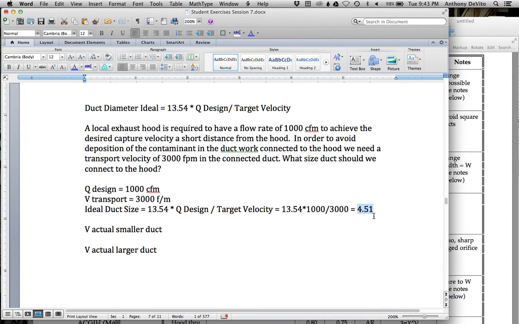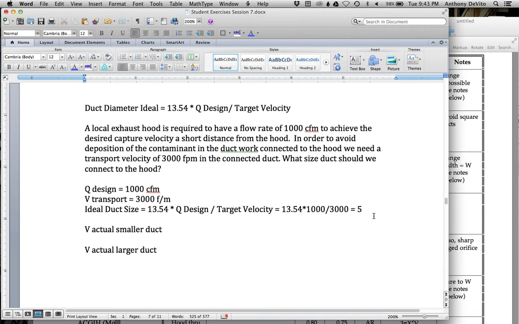I wanted 3,000 feet per minute because it's a certain kind of particle that I want to remove. But relative to what it could be, it's a relatively small particle. So maybe I'll go to 5-inch duct because I'm just going to be a little under the 3,000 transport velocity, but it should be good enough for my application, right?